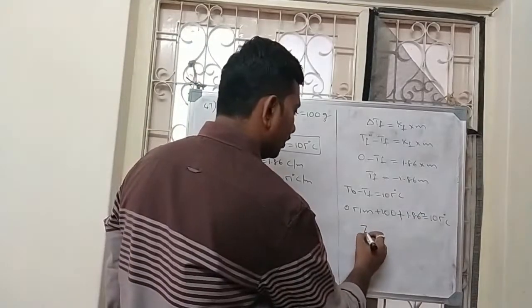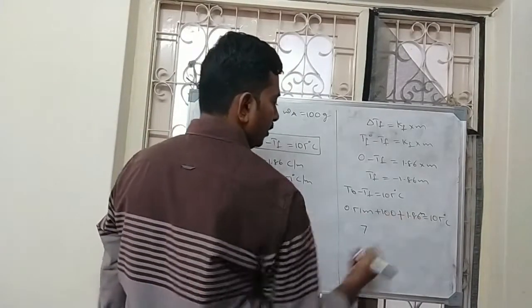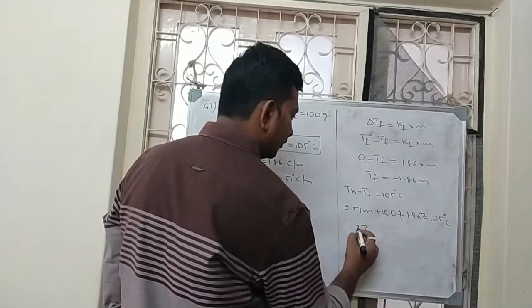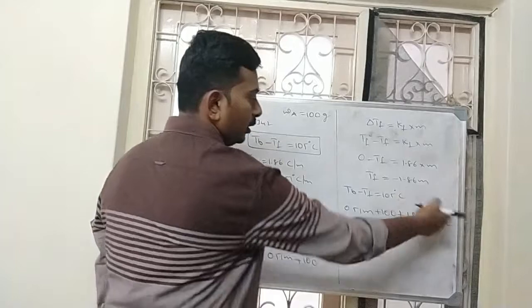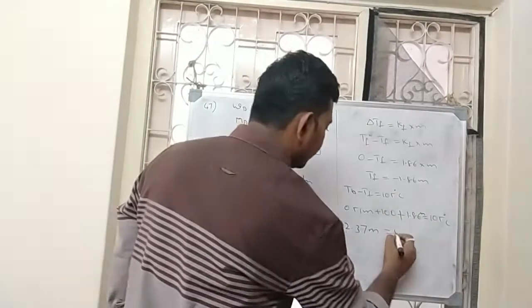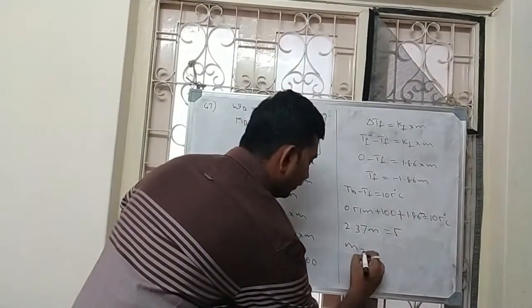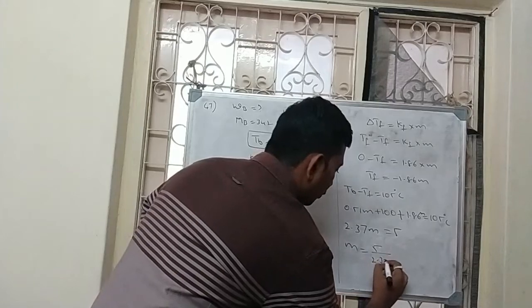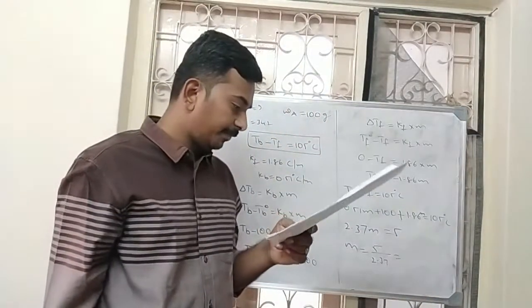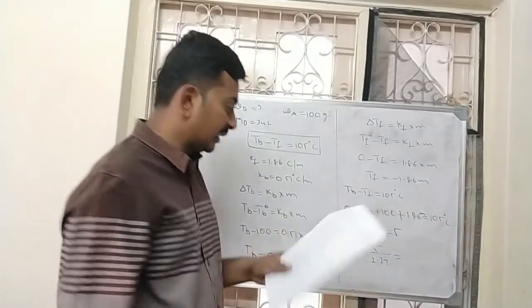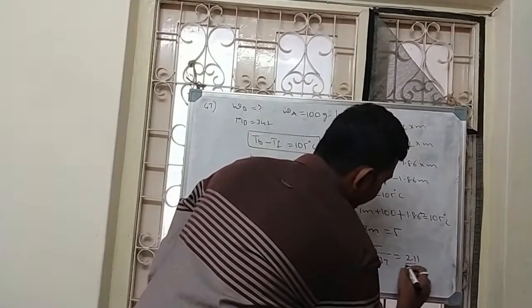So what will be the value? 1 plus 6 is 7, 5 plus 8 is 13. So 2.37 m is equal to 105 minus 100, that is 5. So the value of m will be 5 by 2.37. 5 by 2.37 will be 2.11.